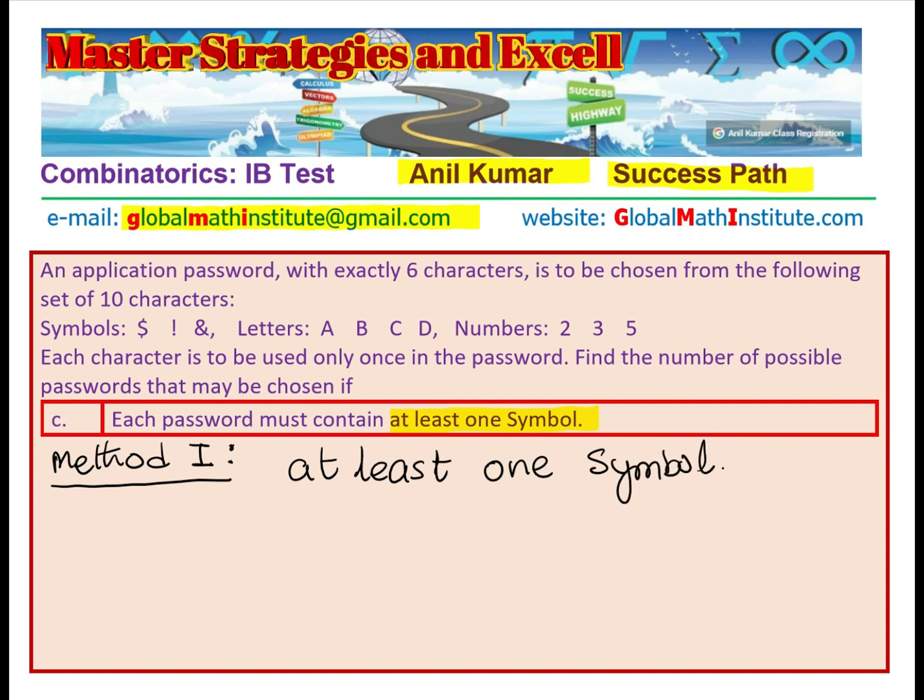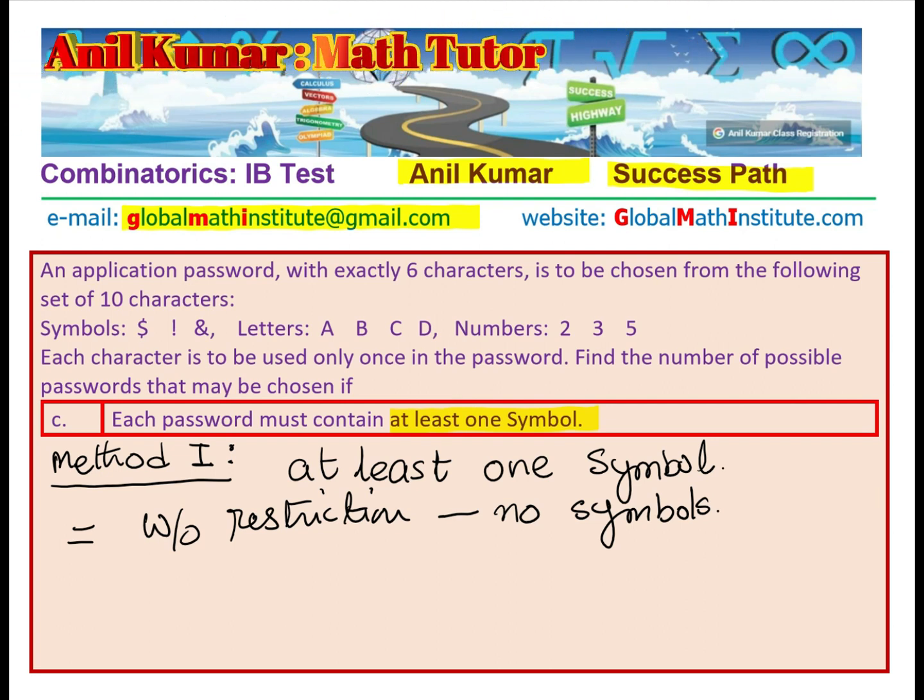That means the total number of ways, which was without restriction, minus no symbols, minus no symbols at all. That means we'll have at least one. You get the whole idea. This is a very useful approach, right? So complement really helps us to work with such questions very easily. So I will adopt this method as the preferred method to answer this question.